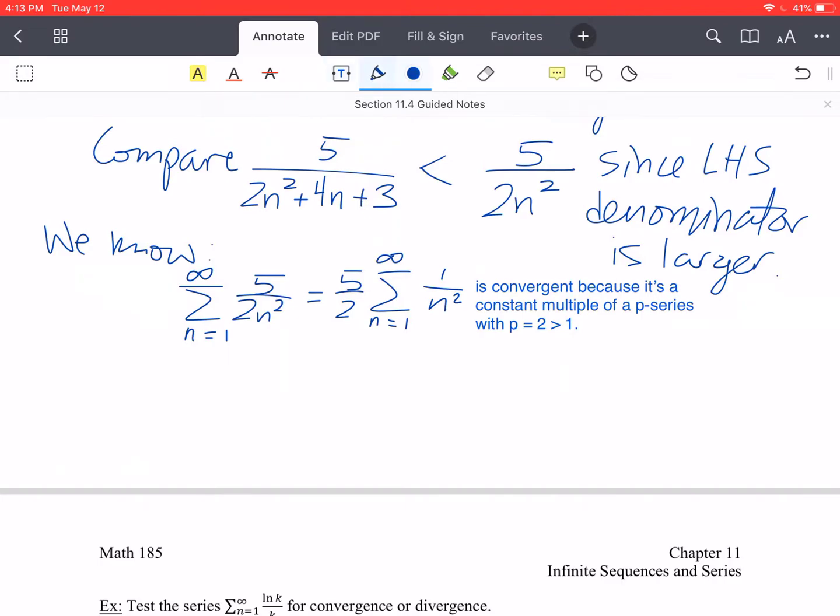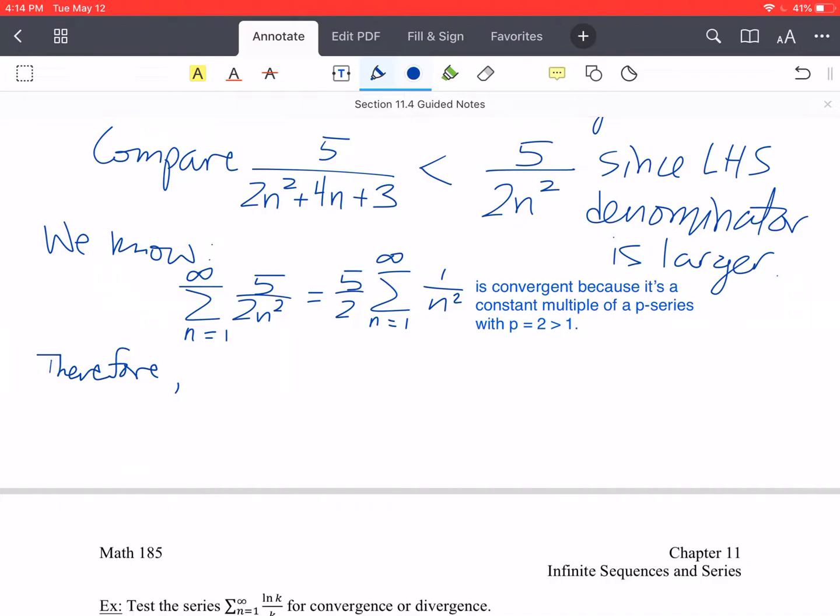So, therefore, since we know that this series is bigger than the one in the problem, and it converges, therefore our smaller series must also converge as well.